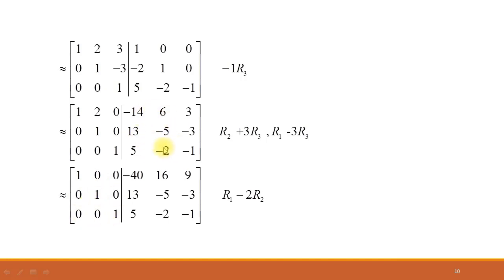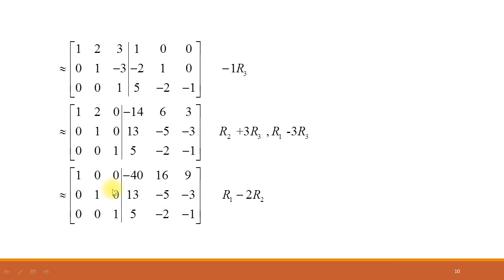After using this operation, the matrix on the right becomes minus 40 16 9, 13 minus 5 minus 3, 5 minus 2 minus 1.